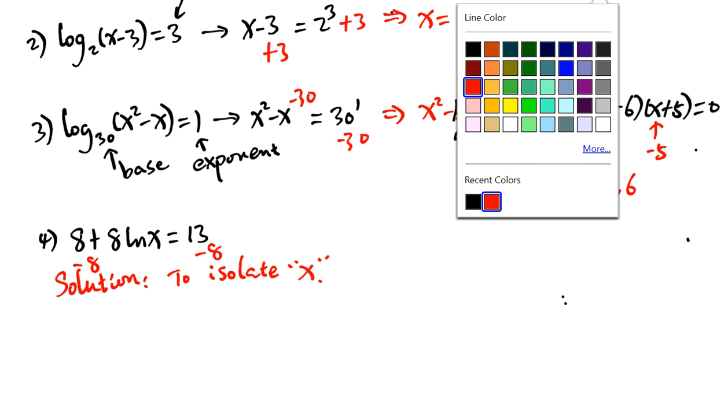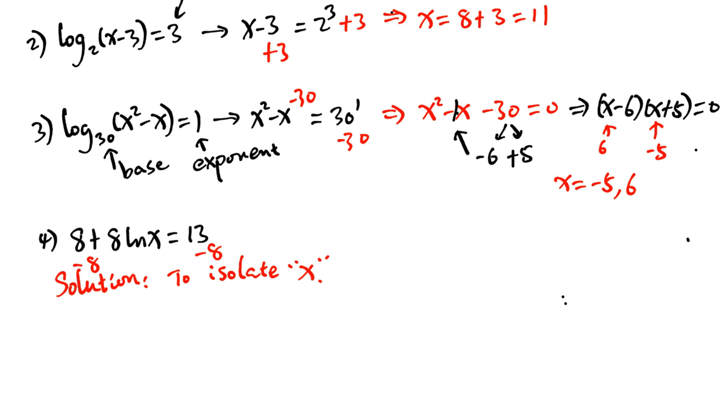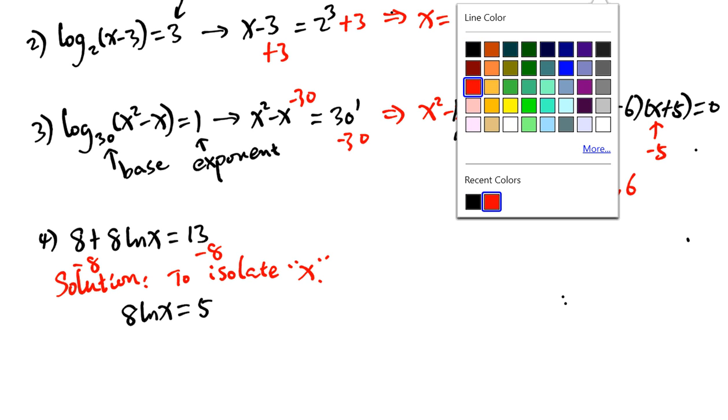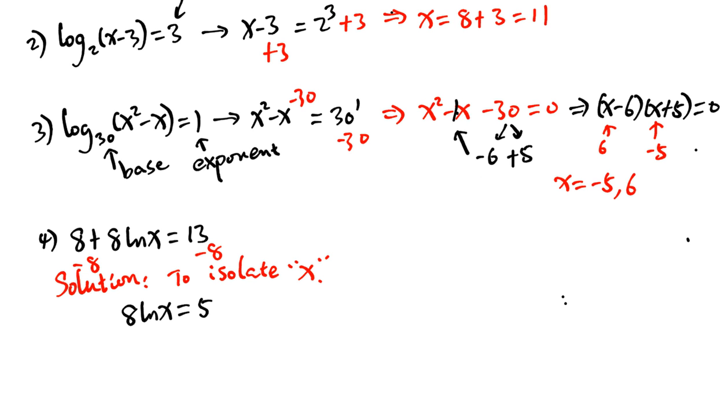What do you get? You get 8 times natural log x equals 5. And then you divide by 8 on both sides.